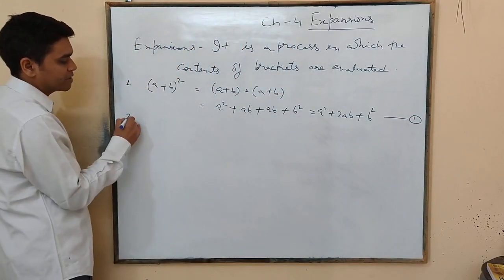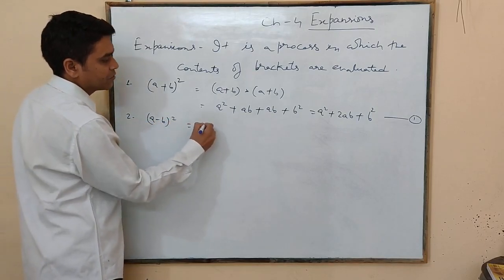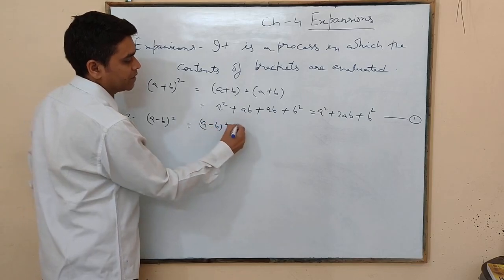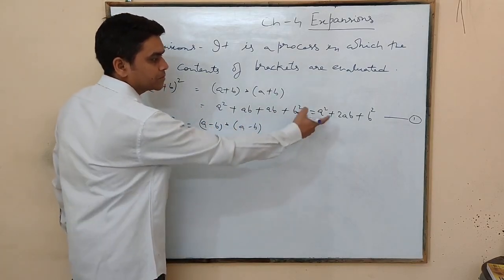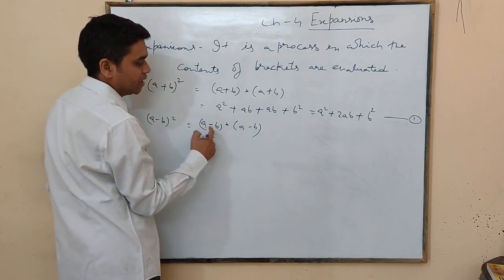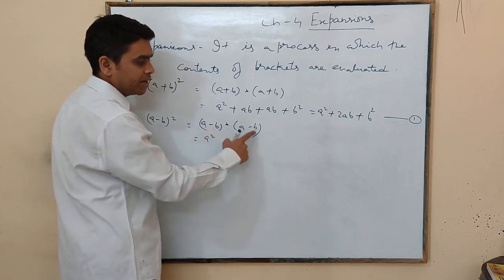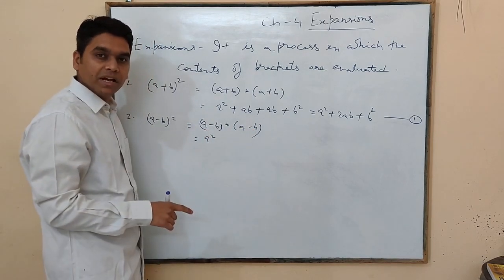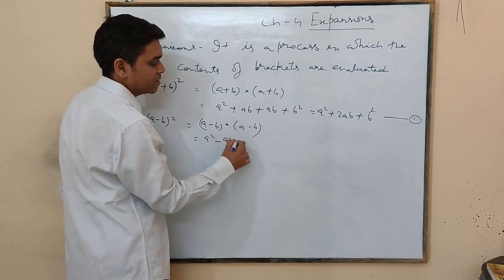Okay. Now check the second formula. a minus b whole square. This is a minus b into a minus b. The same as a into a, a square. a into minus b: a is plus and b is minus, plus into minus, this is minus ab.